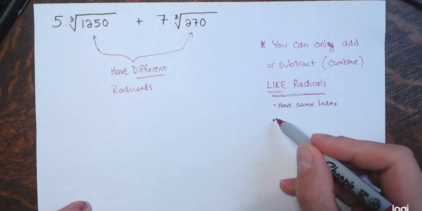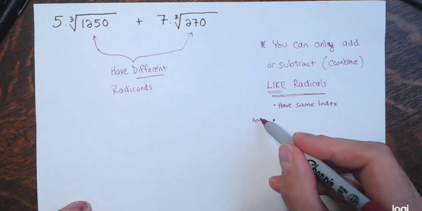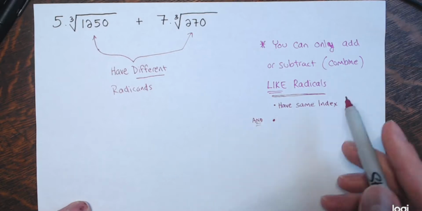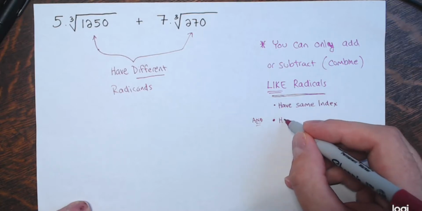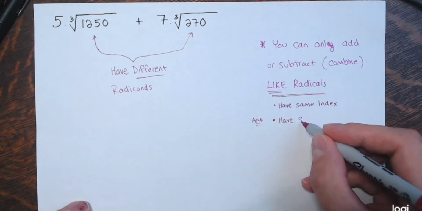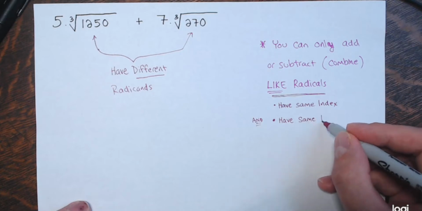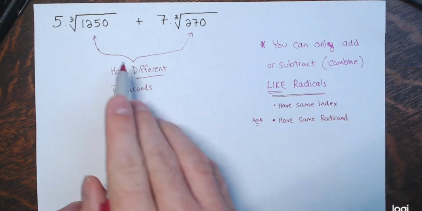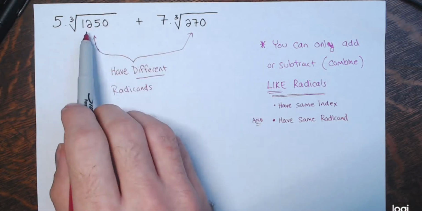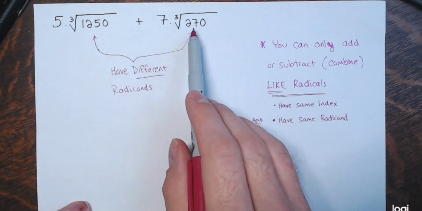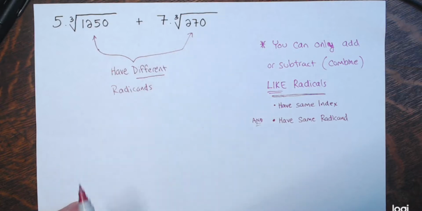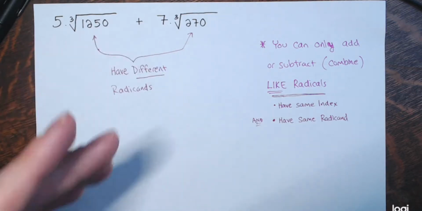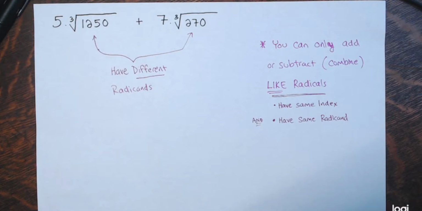But they must also have the same radicand, which these do not. This has a radicand of 1250. This has a radicand of 270. So right now I can't add these together the way they look. I can't combine them.